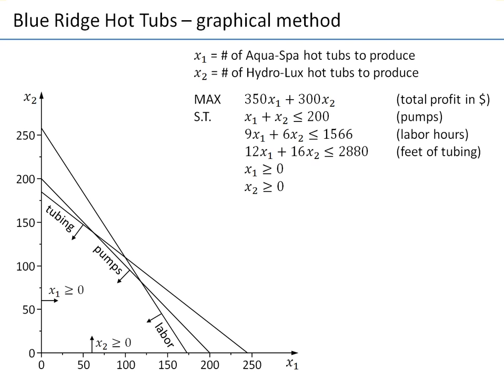Each constraint is some kind of line, and one side is feasible, and the other side is infeasible. The line is also feasible.